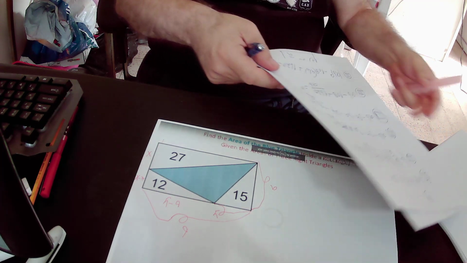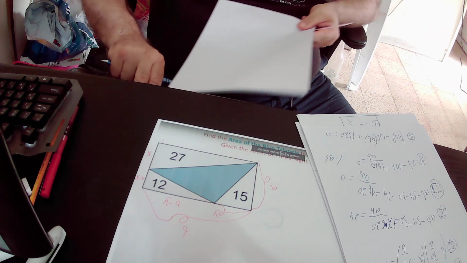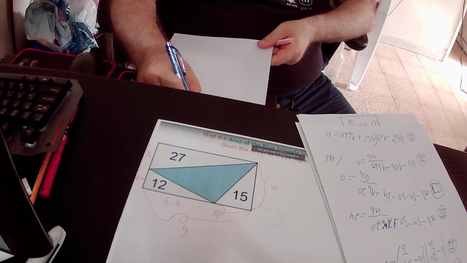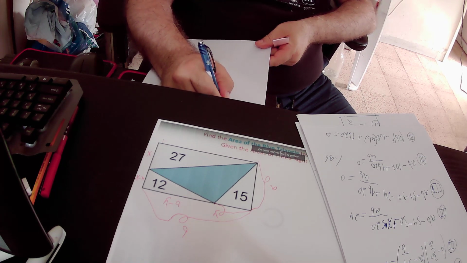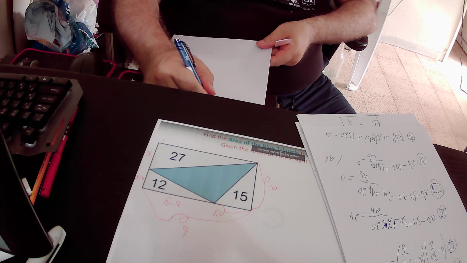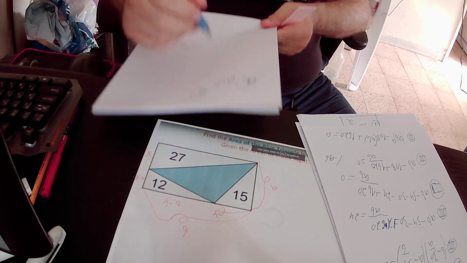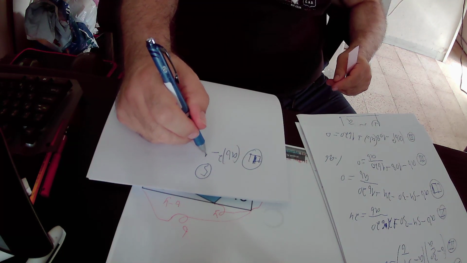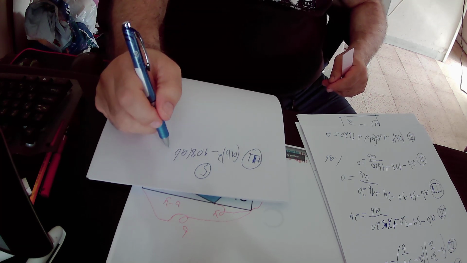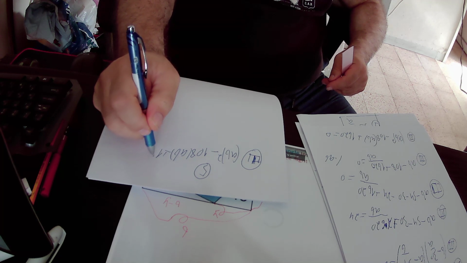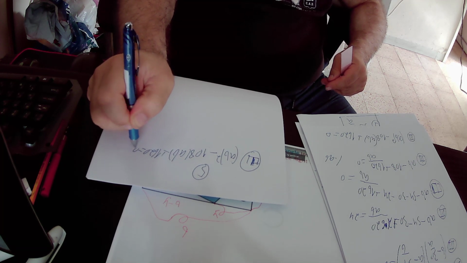I will write it again. AB squared minus 108 AB plus 1620 equals 0.